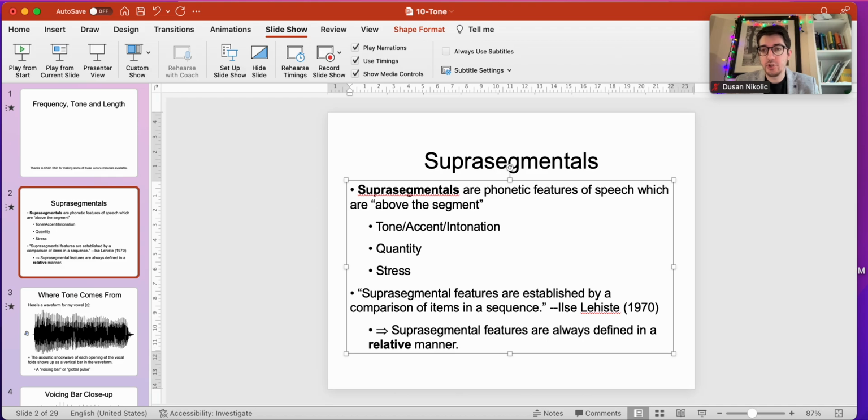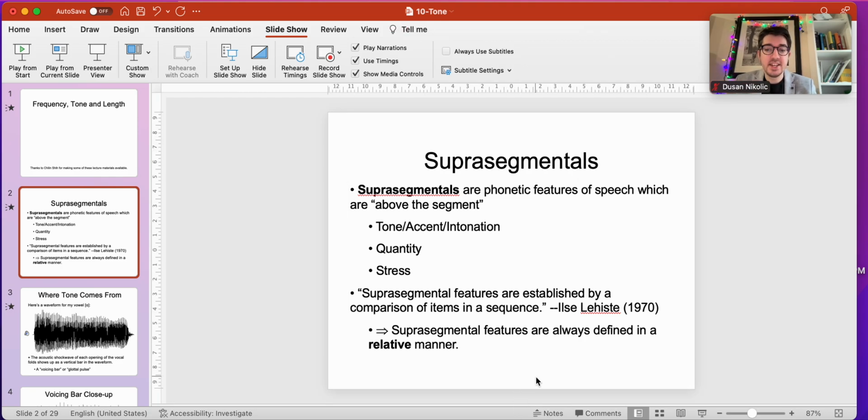Suprasegmental features are researched a lot, right? And someone who does research on suprasegmental features struggles to explain to, let's say, syntacticians or non-experts why one tone is low and why another tone is high. But as phoneticians and students of Ling 341, you should be able, after this lesson at least, to describe and understand suprasegmentals.